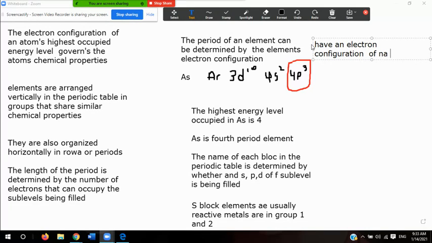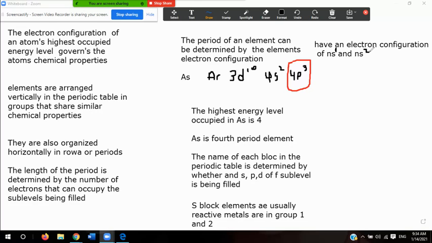Let me write an electron configuration of ns1 here. That just means that the S sublevel is going to contain either one or two electrons. So they have an electron configuration of ns1 or ns2.